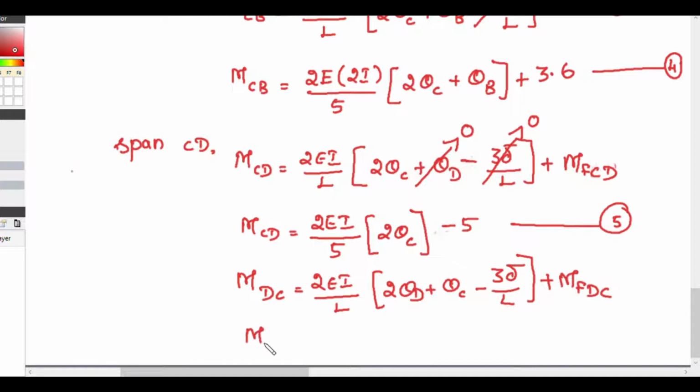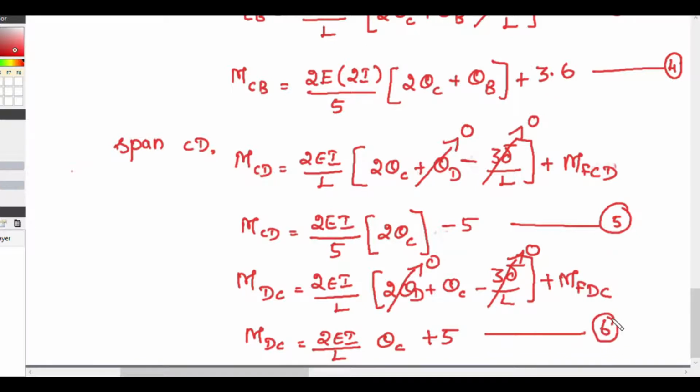So we get MDC is equal to, D is fixed support, so this is 0. There is no deformation, so this is 0. We get 2EI by L into theta C plus MFDC is 5. So plus 5, this is our equation number 6.